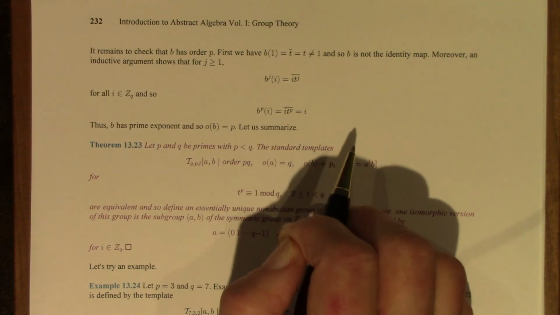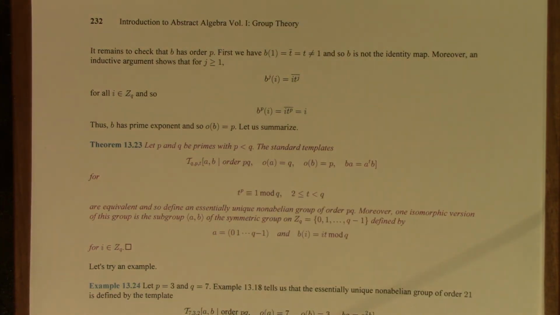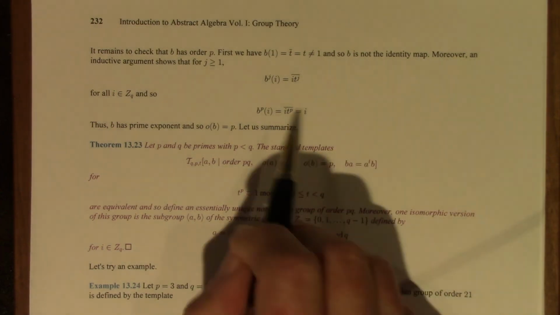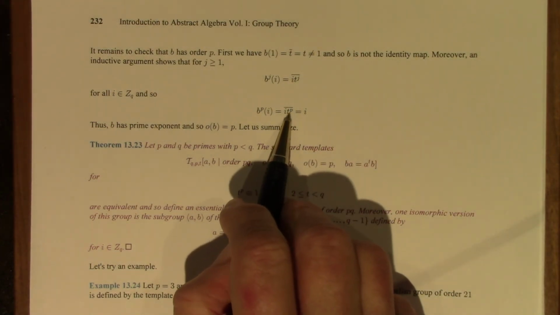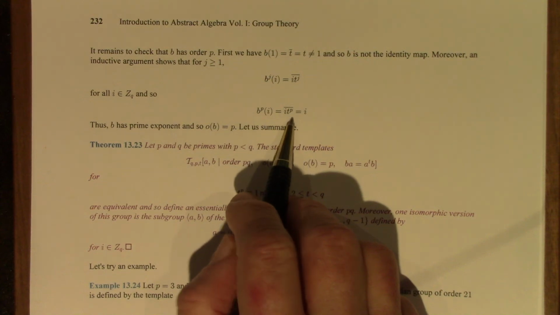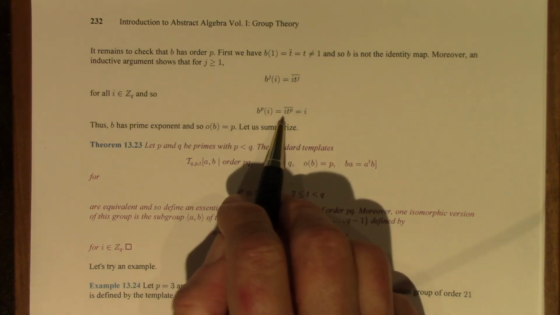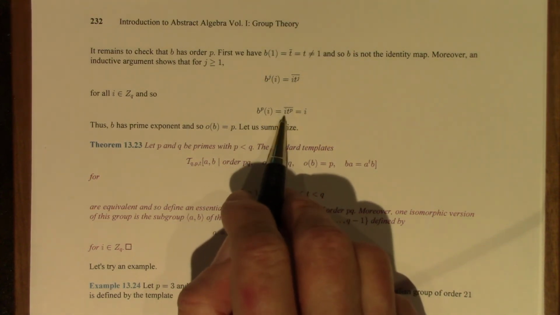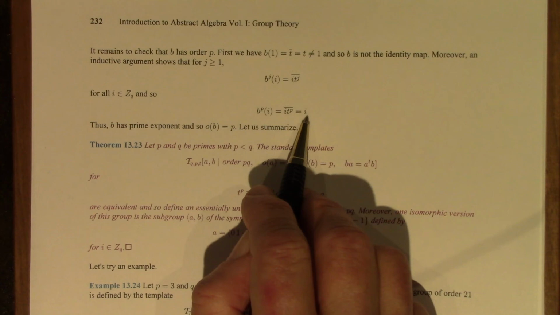You may be wondering at this point, what about the T condition? We didn't use it yet. This isn't going to work without the T condition, and here is where we need it. T to the P is congruent to 1 mod Q. So this is just I bar, but I is in the range 0 to Q minus 1, so reduction does nothing.